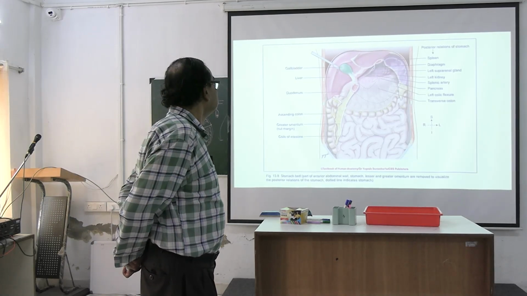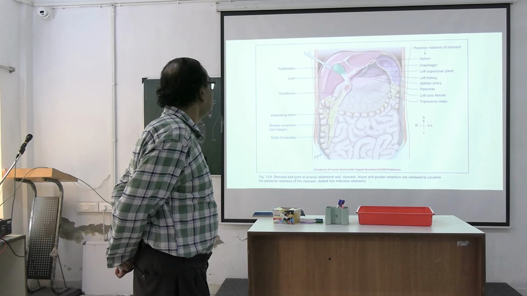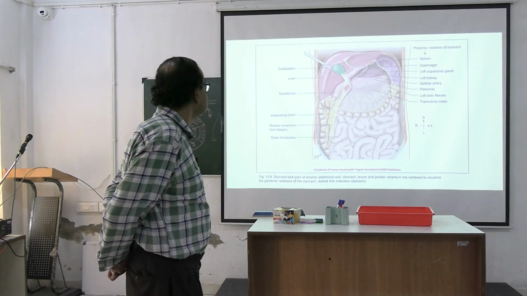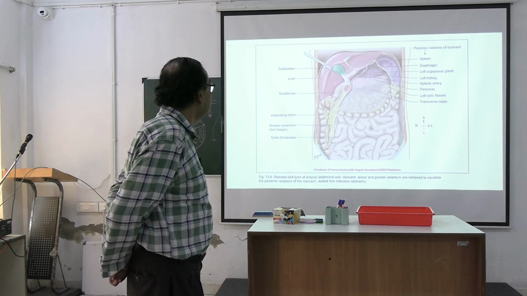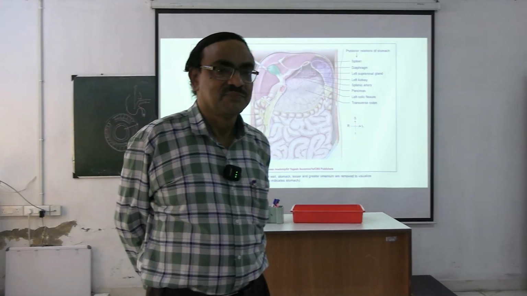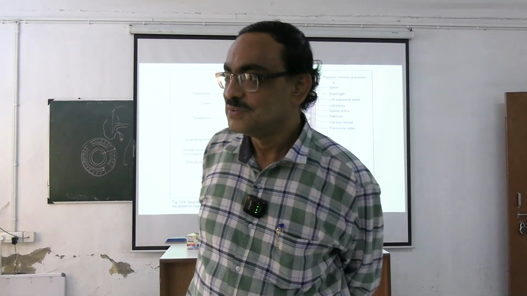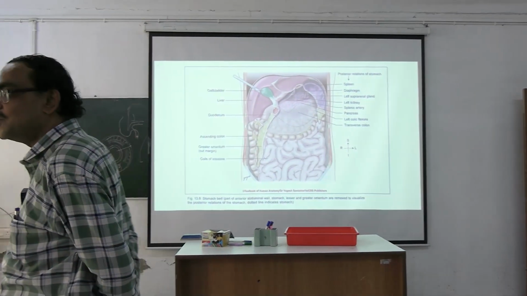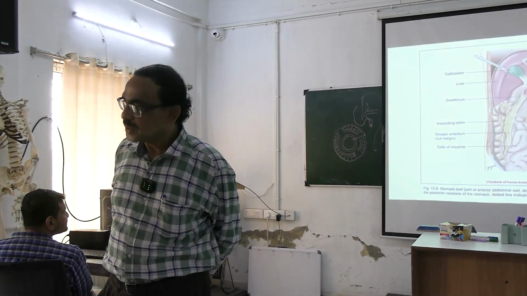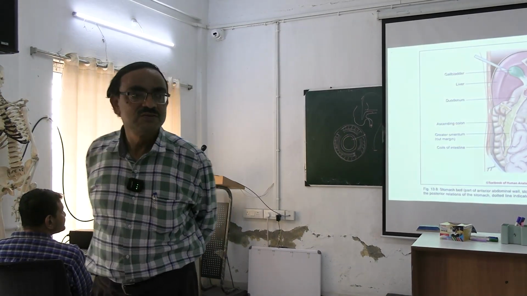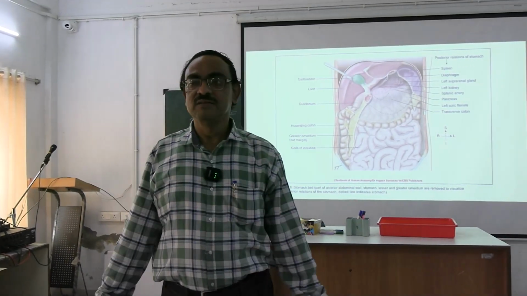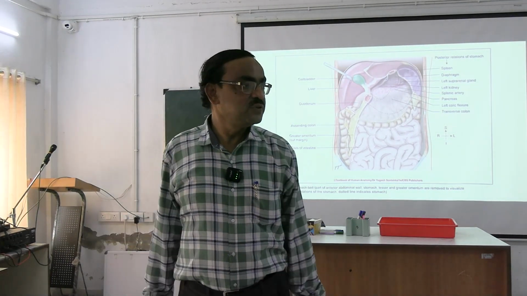Now we can see the outline of the stomach. Suppose the stomach is removed and then we are getting different structures behind the stomach which form a bed for the stomach, that is called the stomach bed, especially in supine position, not in standing position.